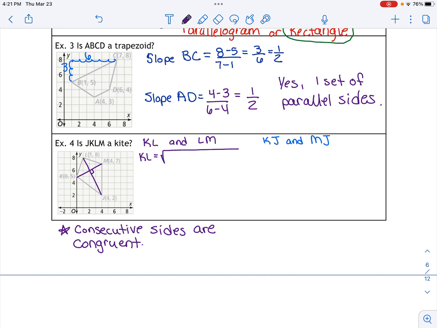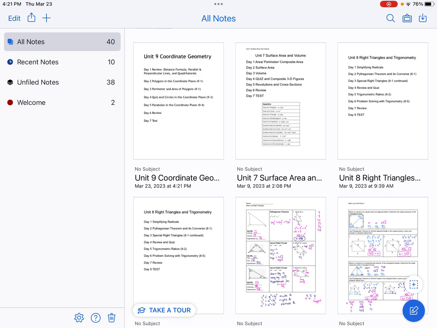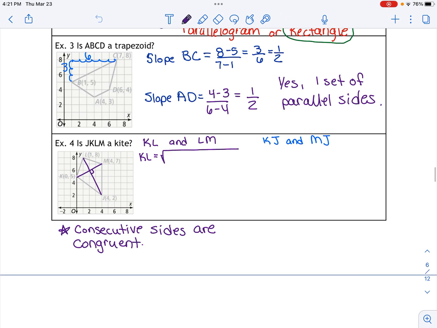We're finding the length of these, so we want the distance formula. So 1 minus 0 squared plus 8 minus 5. A lot of distance formula on these couple days here. That's 1 squared is 1. 3 squared is 9, so I get square root of 10. Okay.